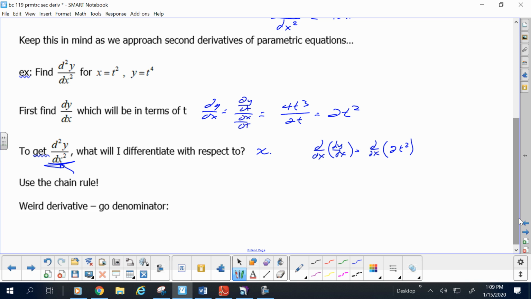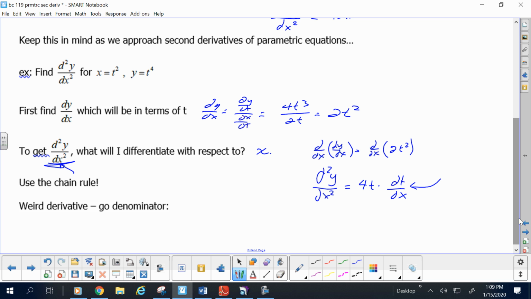So the left side is the second derivative, which is fine. But the derivative on the right, be careful. So what's the derivative on the right? 4t dt/dx, because I took the derivative of the t with respect to x. Now that's kind of wacky.